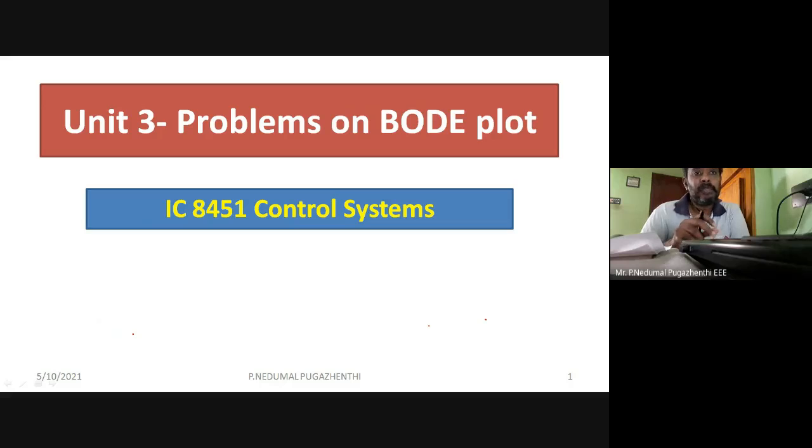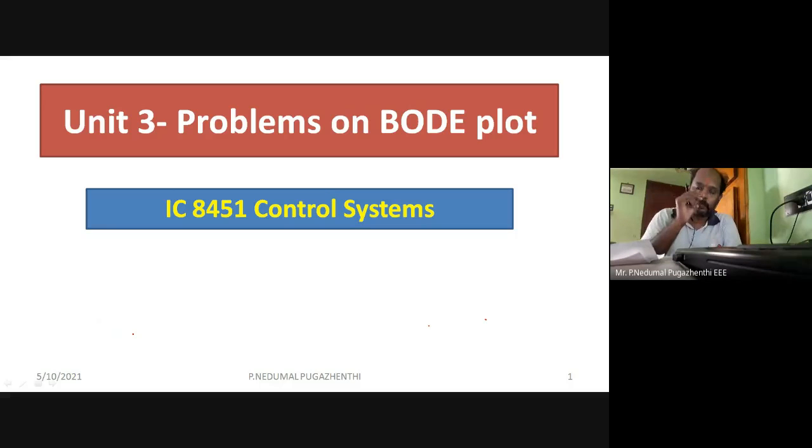Here the transfer function will have a quadratic function in the denominator, and we will see how to deal with a quadratic factor, how to find the corner frequency, plot your Bode plot and find out your frequency domain specifications. At the end of this lecture, you will be able to plot a Bode diagram for a transfer function having a quadratic function.